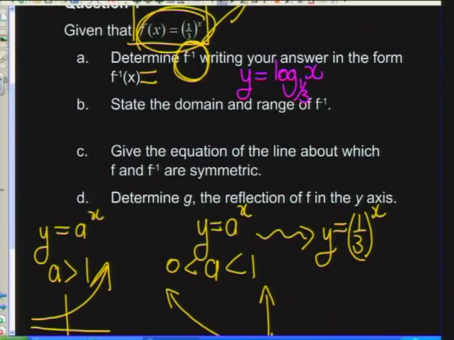Right? Take careful notice. My general formula is if I've got y as a to the x, its inverse will be y is equal to log to the base a of x. So have a look at the place swapping there.